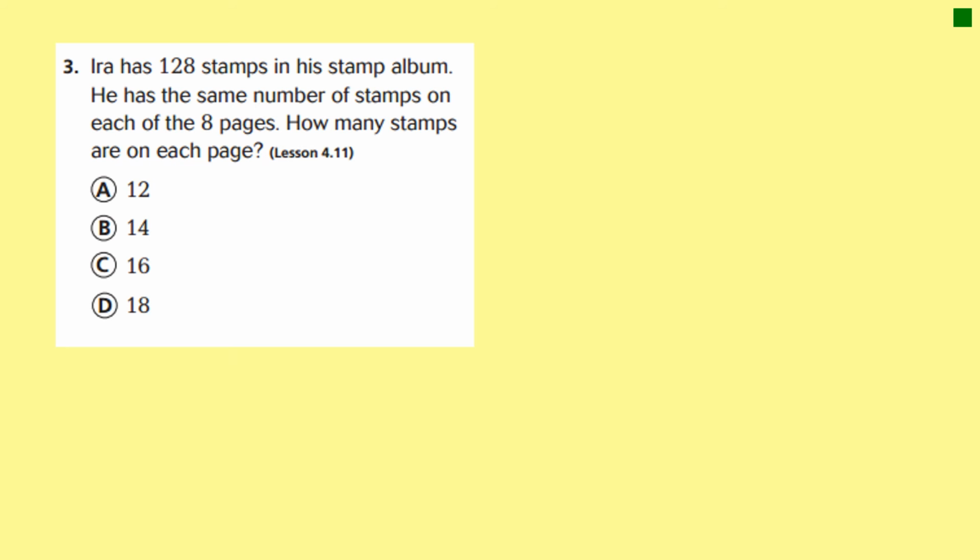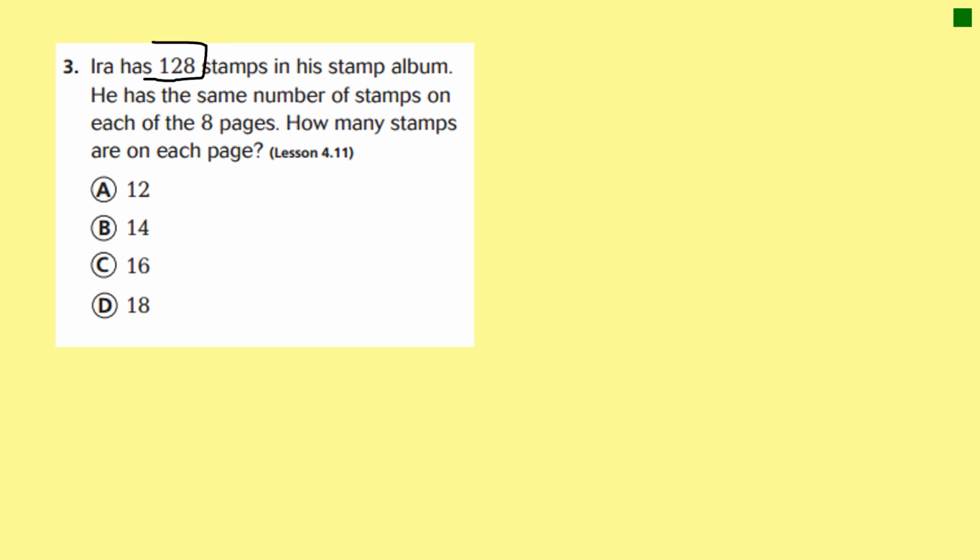All right, now let's pop down here to a little review, spiral review. Ira has 128 stamps in his stamp album. He has the same number of stamps on each of 8 pages. How many stamps are on each page? All right, let me reread this.